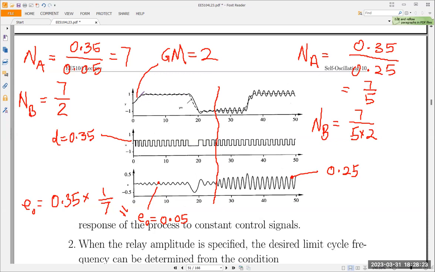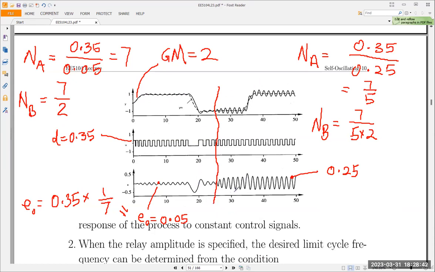So now, where is the adaptation? The MATLAB simulation shows that at t equals 25 seconds, the plant gain increased by, I think, 5 times.